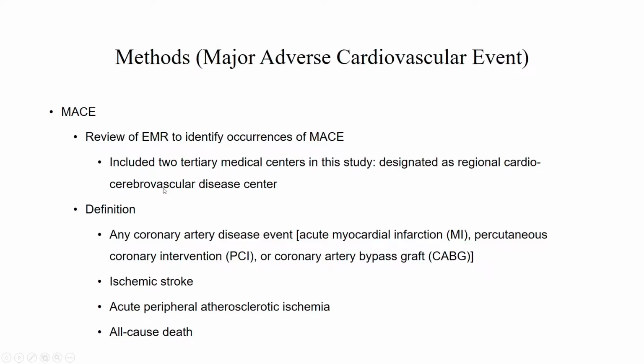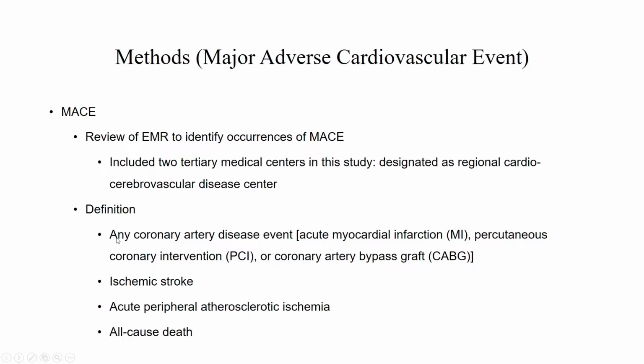An occupational medicine physician reviewed the EMR through November 11, 2023 to identify occurrences of MACE after the LDCT examination. The 2 tertiary medical centers included in this study are designated as regional cardio-cerebrovascular disease centers.